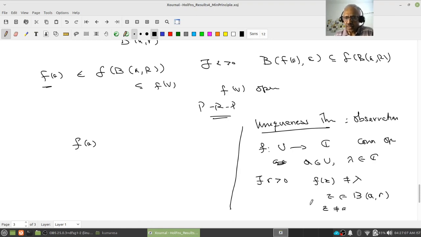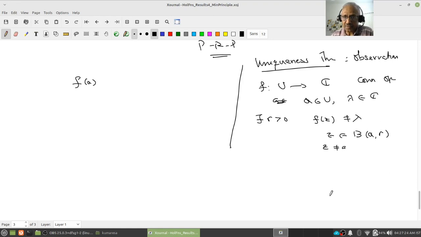You may remember I said that if f(a) is not equal to lambda, then mere continuity of f will prove this. The important thing is, if f(a) equals lambda, then I can still avoid it. Please remember, many of you may not have appreciated this result when I proved it.